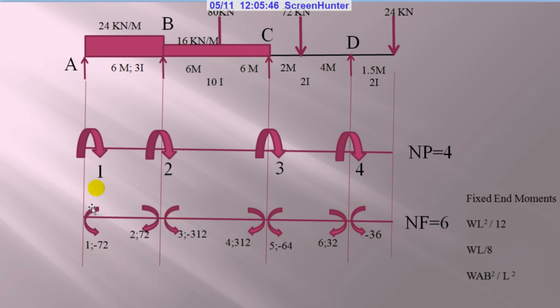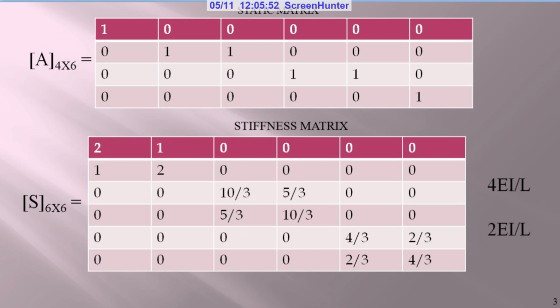So at first rotation NP NF is 1. So in this static matrix, if you will observe, this is NP, the first row, this is NF, the first column. So at first rotation there is fixed end moment, which I have numbered as 1. Rest all elements will remain 0.